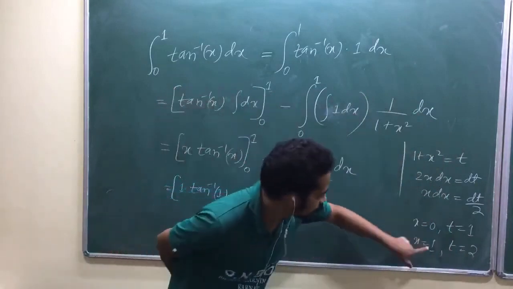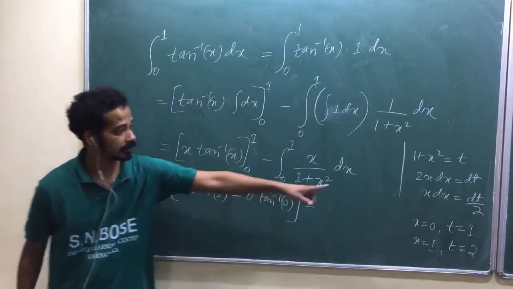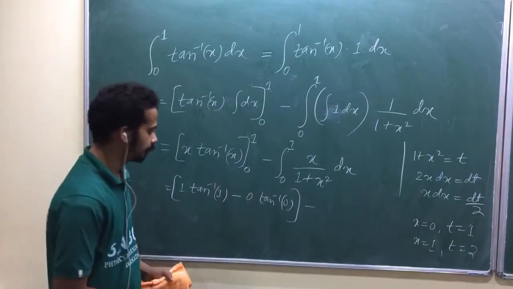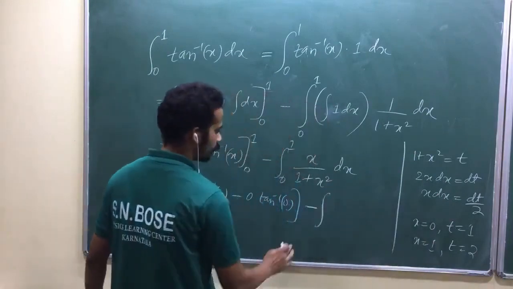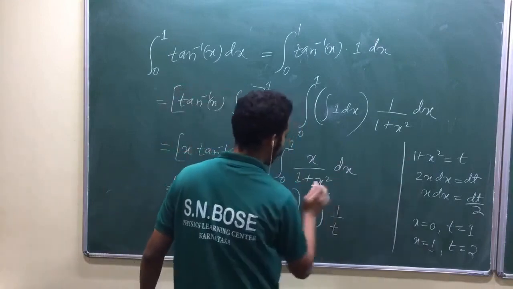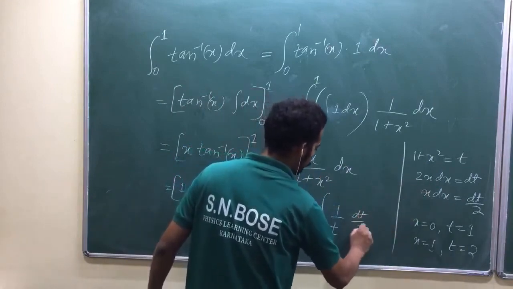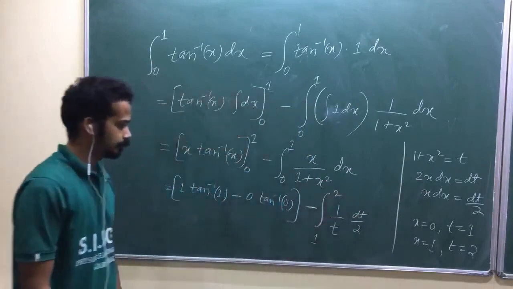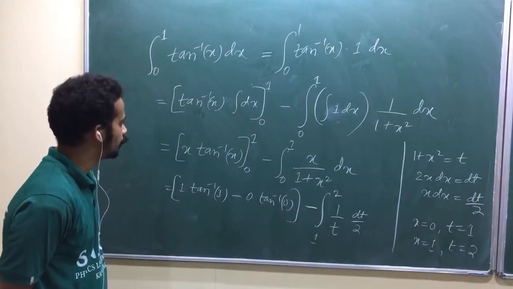If x varies from 0 to 1, t varies from 1 to 2. That's how you have to change the limit after the substitution. So minus the integral, changing the variable to t, of 1 by 1 plus x square into x dx, which is dt by 2, but t varies from 1 to 2.